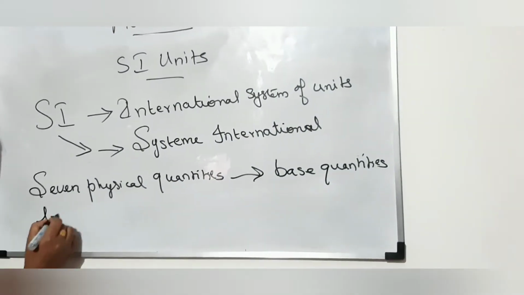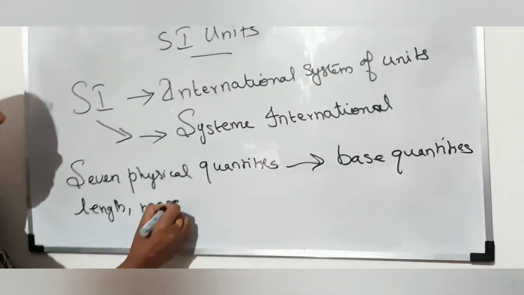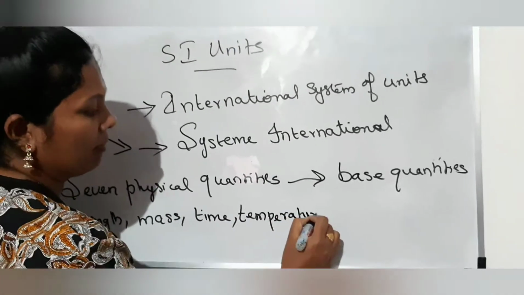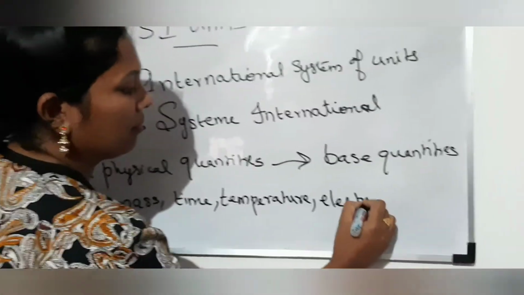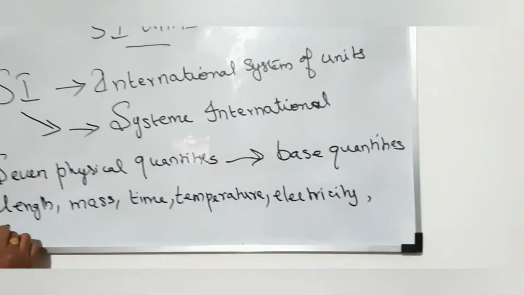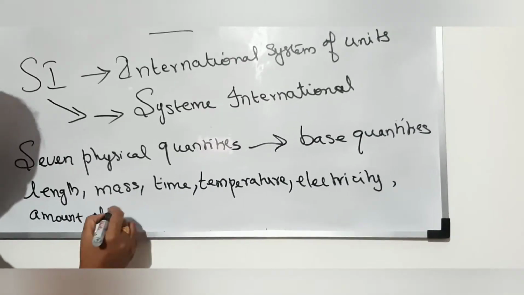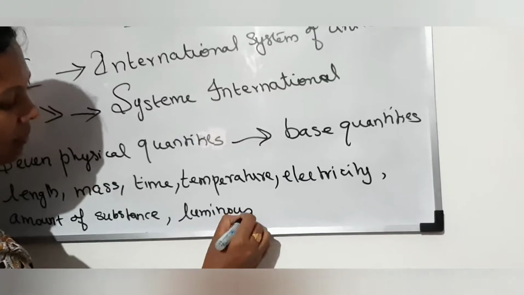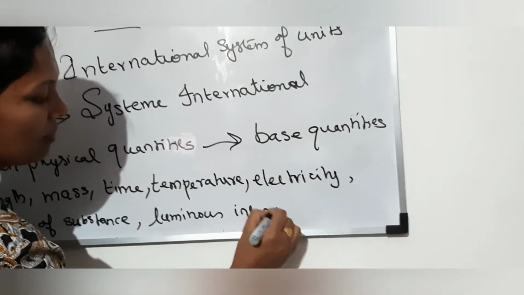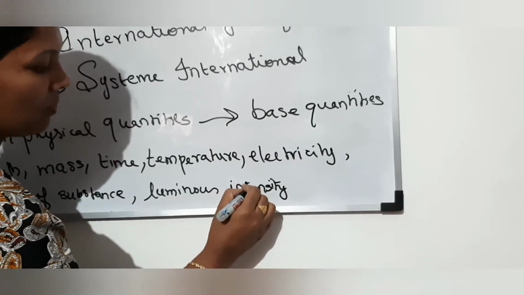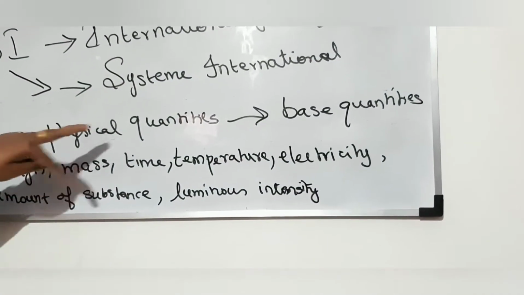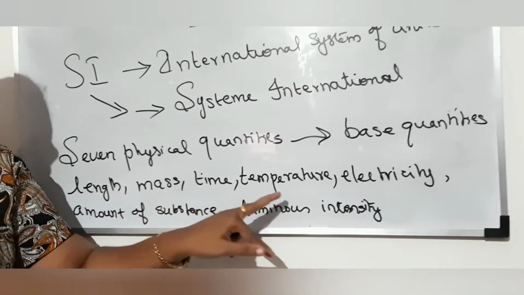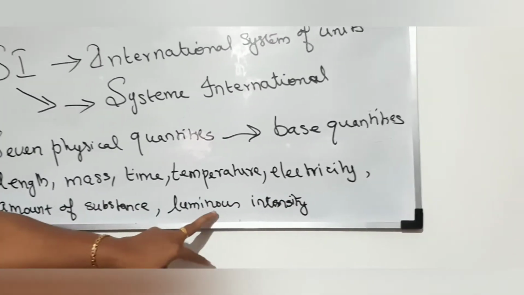So they are length, mass, time, temperature, electricity, amount of substance and luminous intensity.